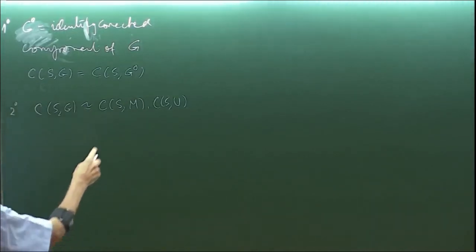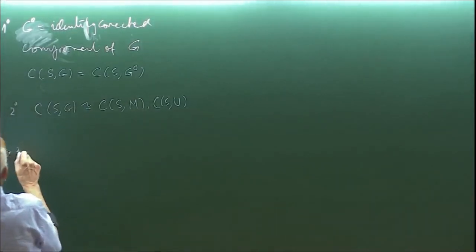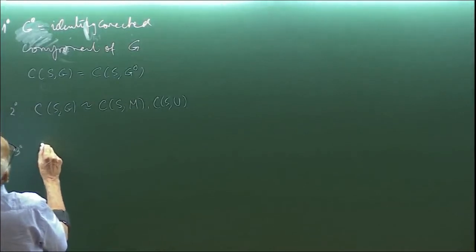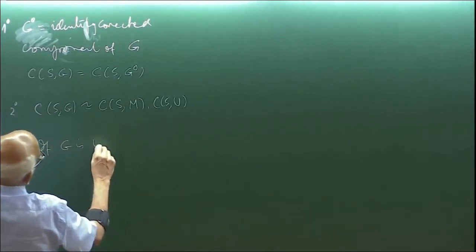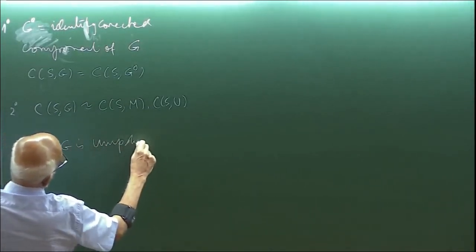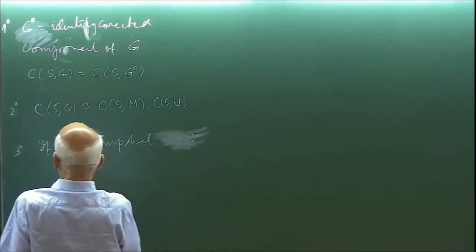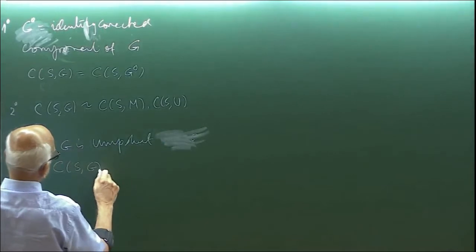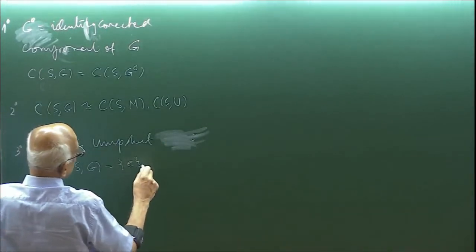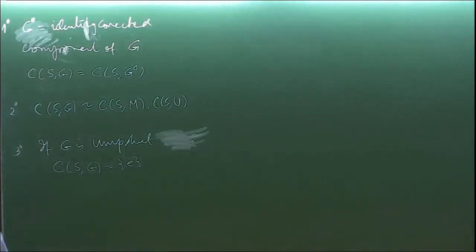M is reductive, U is unipotent. Thirdly, if G is unipotent, CSG is trivial. In other words, for unipotent groups, the congruence subgroup property holds: every subgroup of finite index in UOS is a congruence subgroup. It's quite easy to prove.